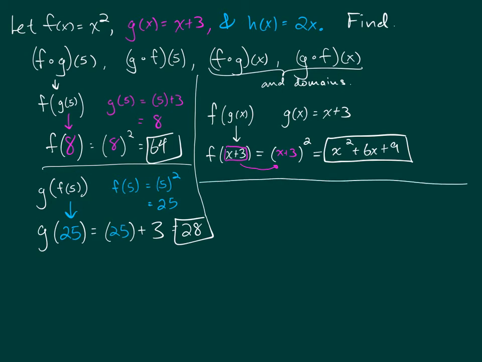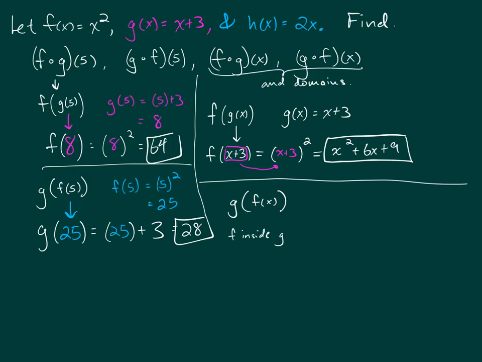G compose f of x is the same thing as writing g of f of x. And if you don't like the way that explanation was for this one, there's another way you can think about this. G compose f of x. Another way you can read this is f inside g.